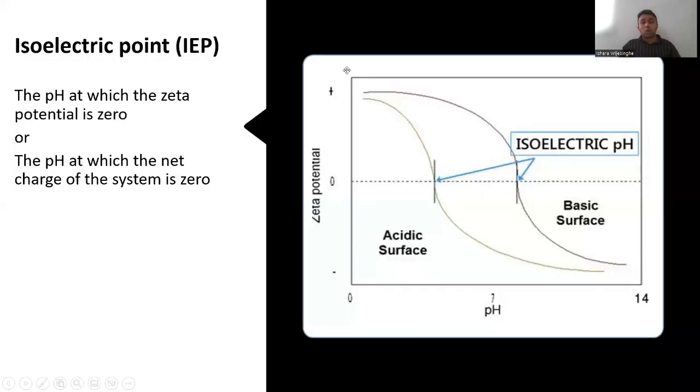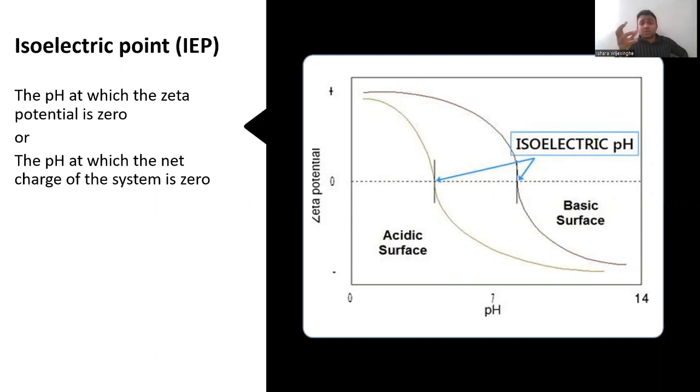Then what is the isoelectric point? IEP, the isoelectric point, is the pH at which the net charge of the system becomes 0, the pH at which the zeta potential is 0. So all the positives equal the negatives, and the net charge is 0.